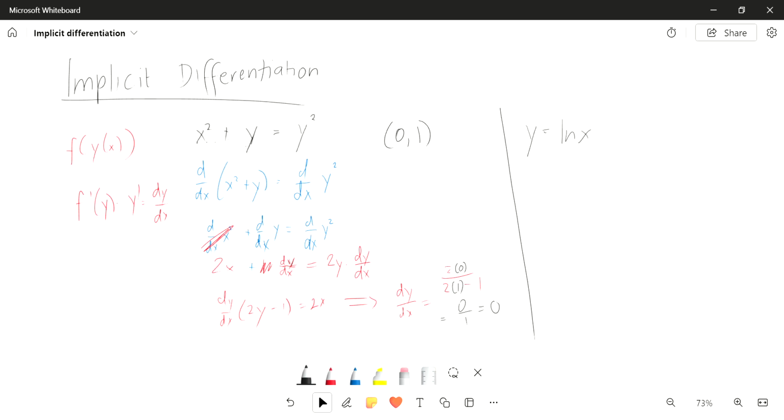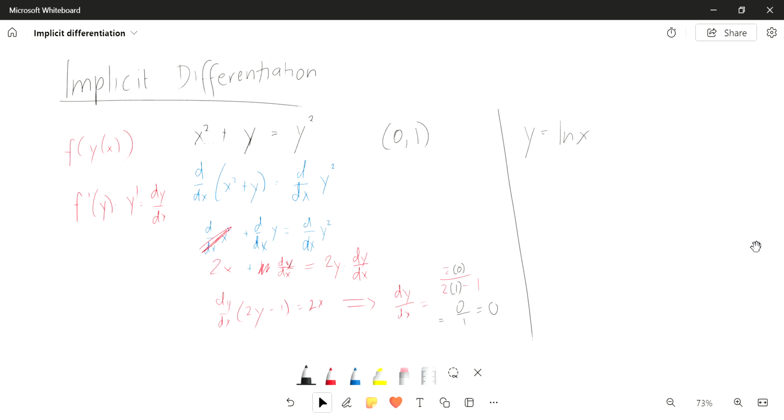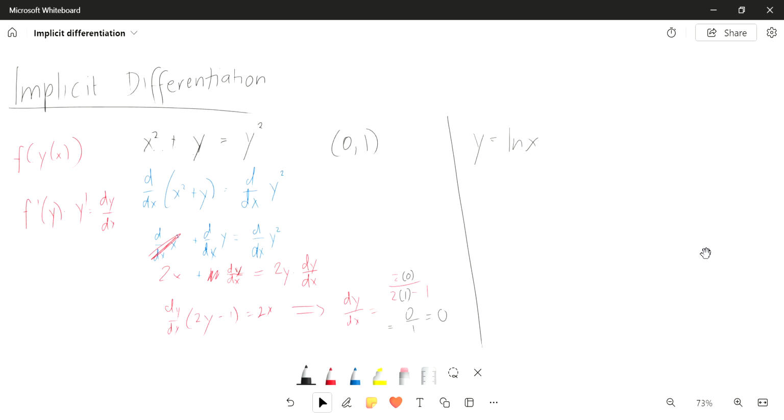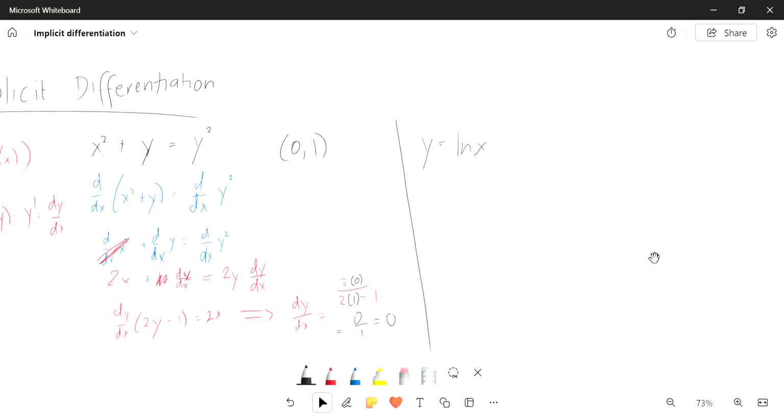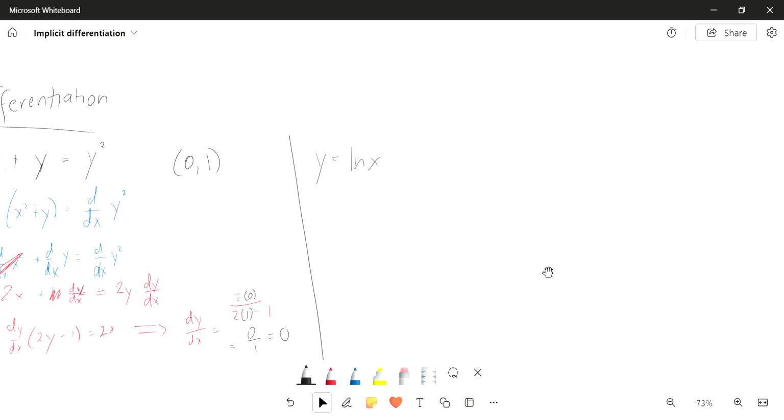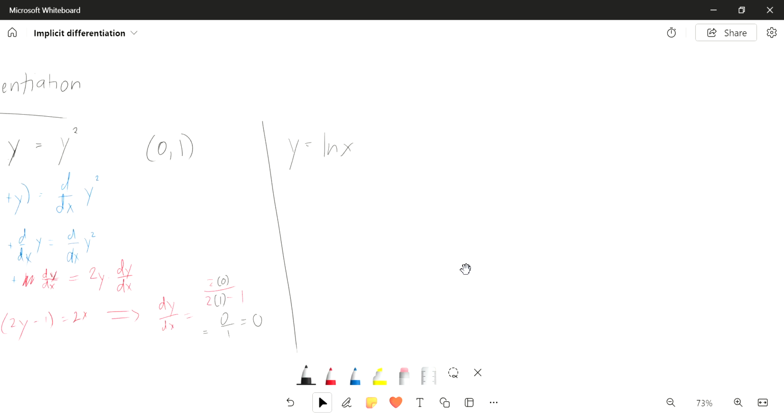You could have things differentiated in terms of some other variable, which is most often t, or once you get to related rates, it might be r. It really depends on the question. But anyways, back to this. You could even find the derivative of ln x with implicit differentiation.